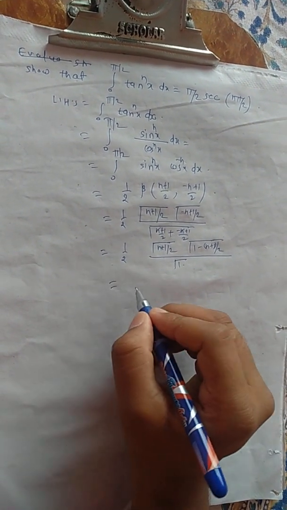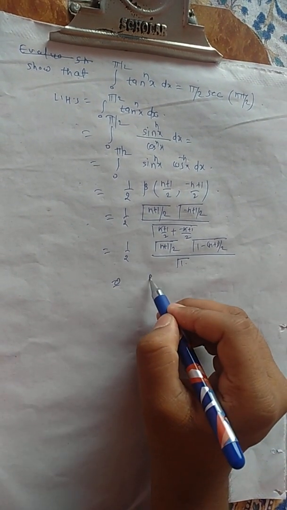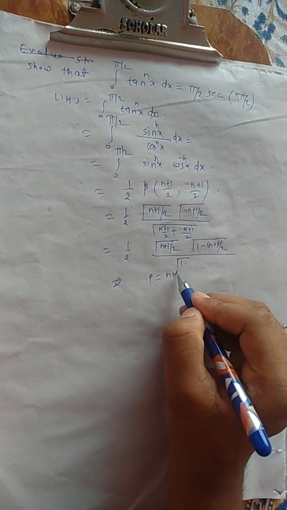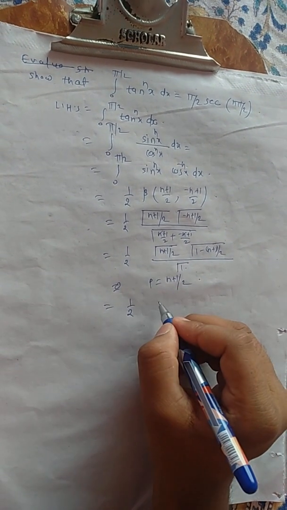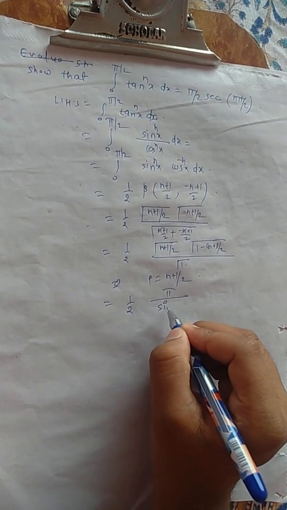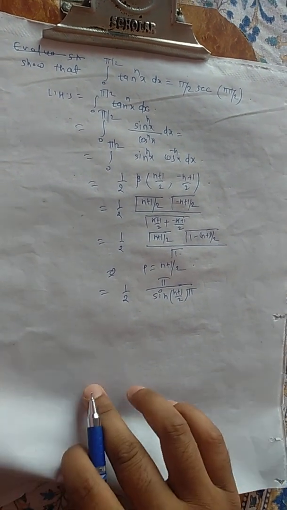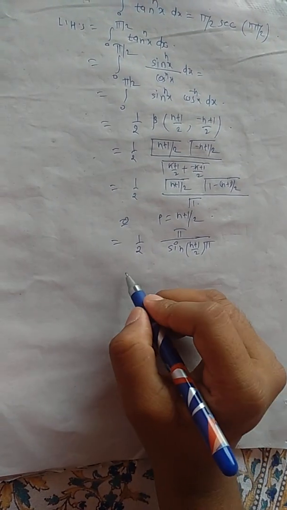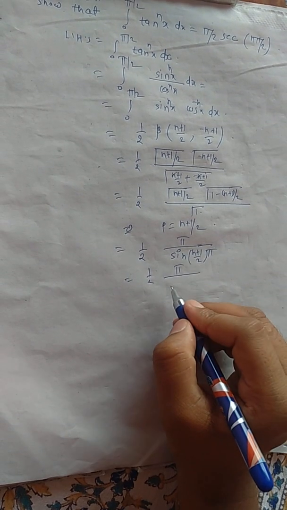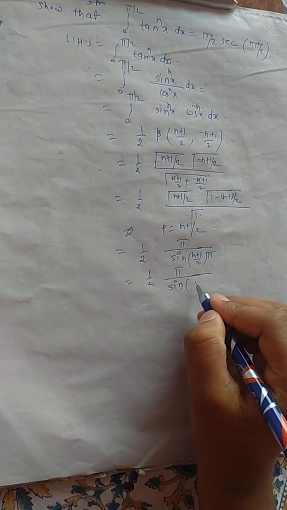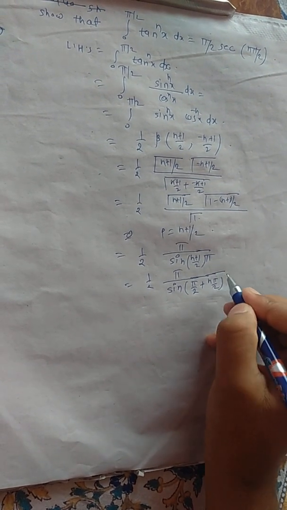Which is equal to gamma 1, which we already know is 1, and here the value of p is n plus 1 upon 2, so this will be equal to 1 by 2, this becomes pi upon sine of n plus 1 upon 2 times pi. Which is equal to 1 by 2 pi upon, multiplying by pi, we write sine of pi by 2 plus n pi by 2.